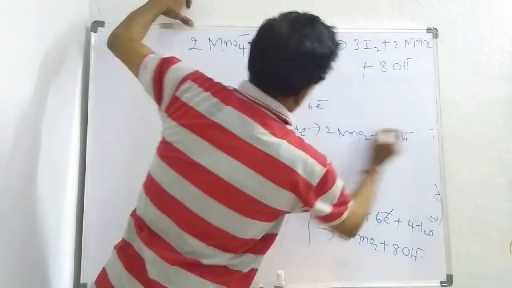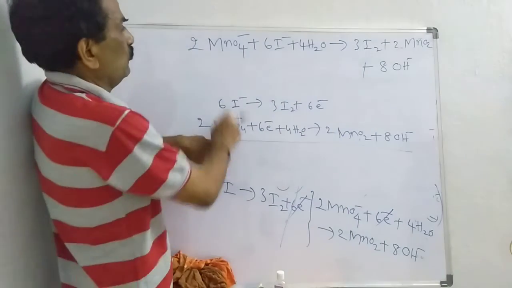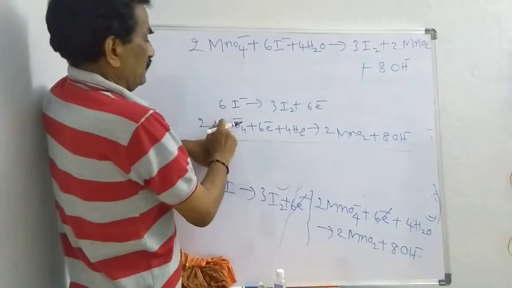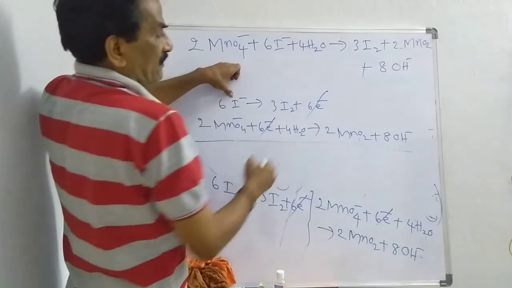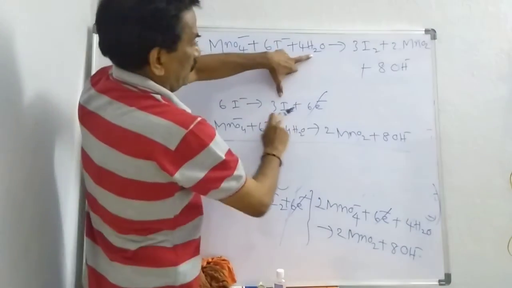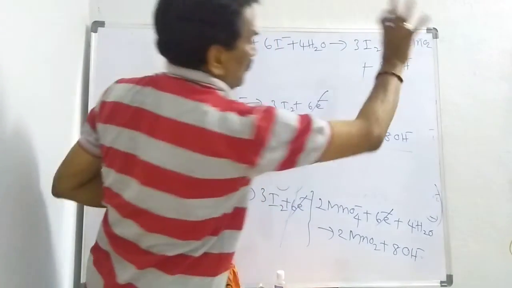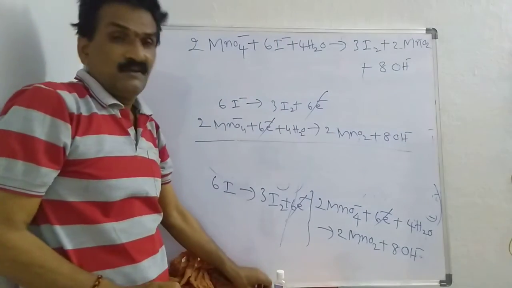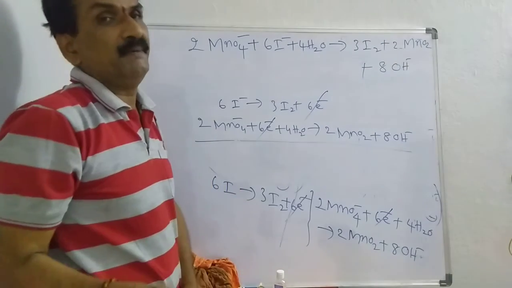This is another equation. I have simply added 2MnO4 minus plus 6I minus, 6 electrons cancel out, plus 4H2O, that gives 3I2 plus 2MnO2 plus 8OH minus. So this is most important 4 marks question, basic medium.